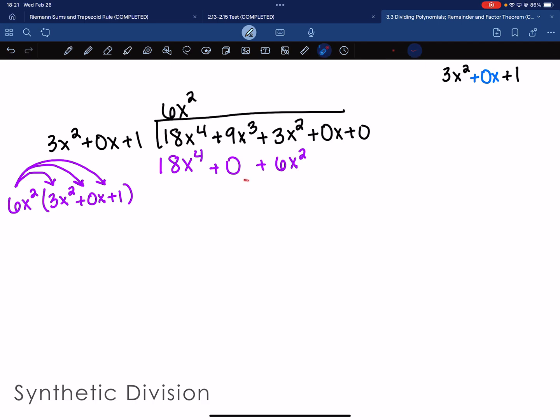So this is why I put the 0 there, so I know that I'll have a space, and I'm making sure that I line up the like terms. So if you can do that without adding the 0, that's fine. You don't have to add the 0.